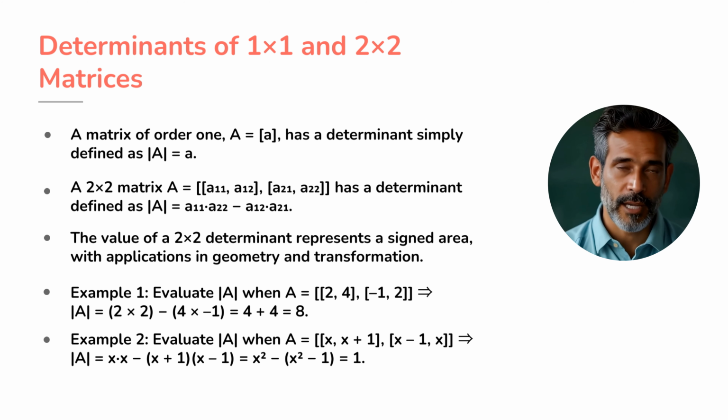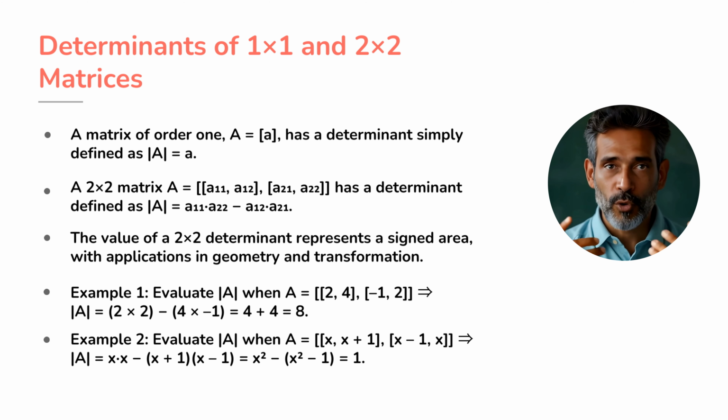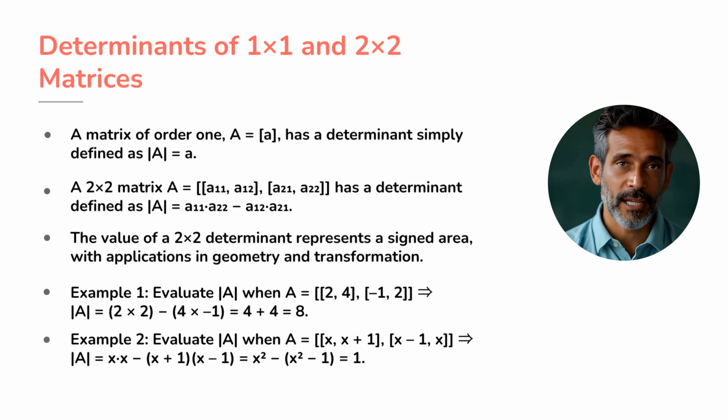Example 1. If A equals the matrix [[2, 4], [-1, 2]], then mod A equals 2 times 2 minus 4 times -1, which equals 4 plus 4, giving 8. Example 2.